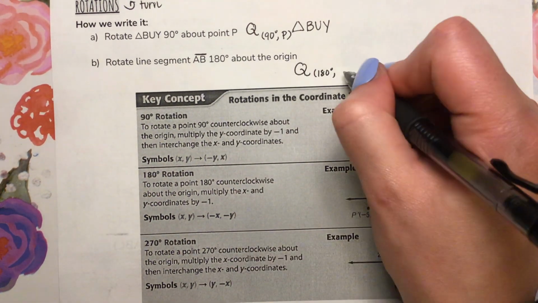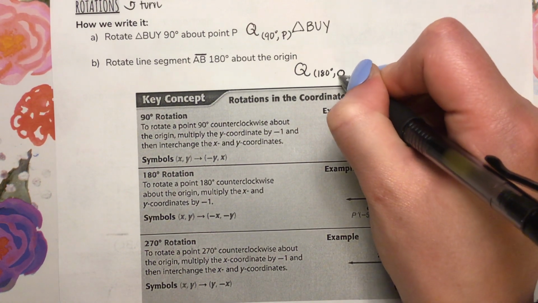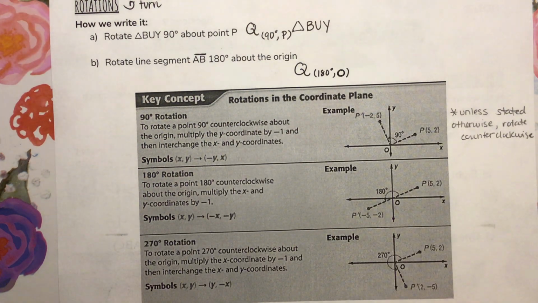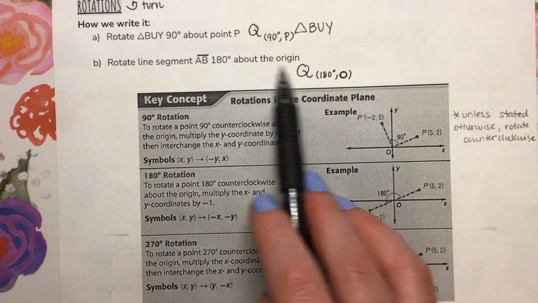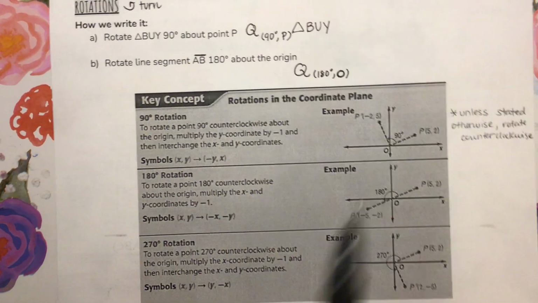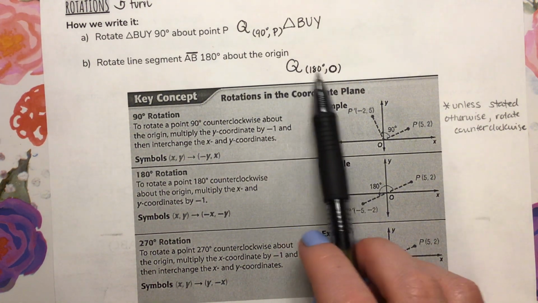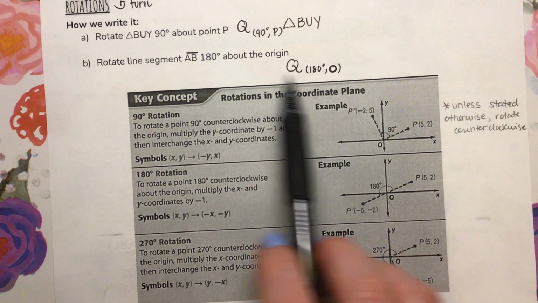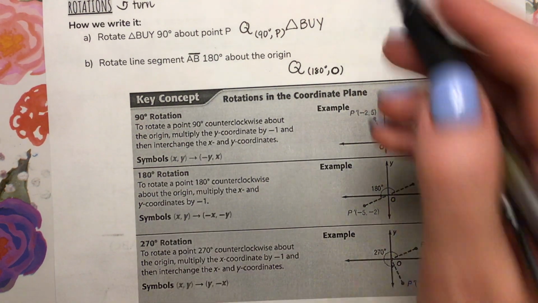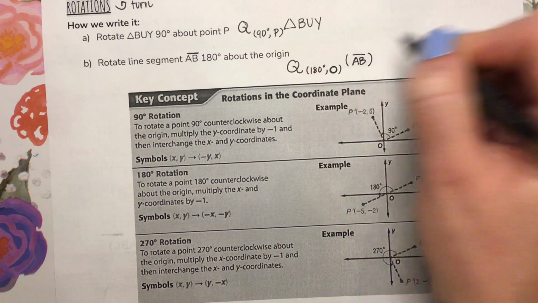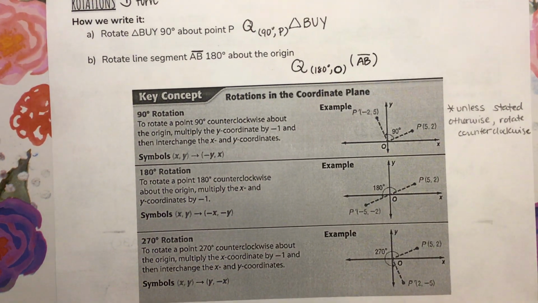You're able to put an O, make sure it looks like an O and not a 0. An O can represent origin for us. And actually, we're always going to be rotating around the origin from this point on. And then what are we rotating about point O? Well, we're rotating segment AB. And that's how you're going to write that rule.